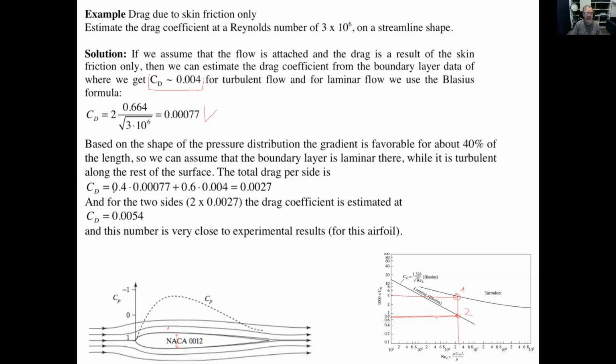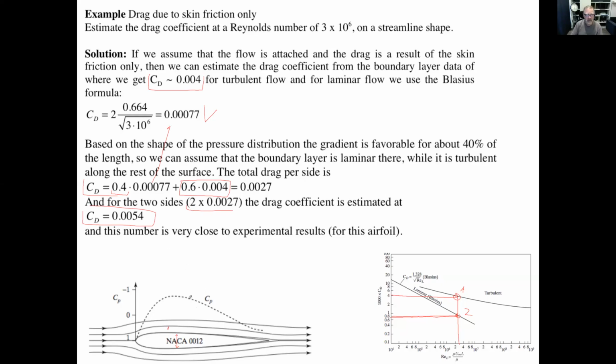So CD, if we take this one, here we're going to have 1.8, but the actual drag coefficient of that one... Okay, so if I assume that 40% of the drag is laminar, I take 40% of that one, and then I take 60% of the turbulent, 0.27, and then both sides, so multiplied by 2, and then we got 0.054, which is close to the experiment.